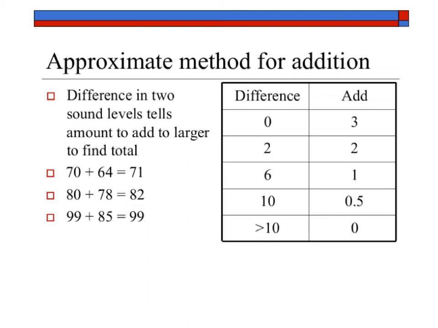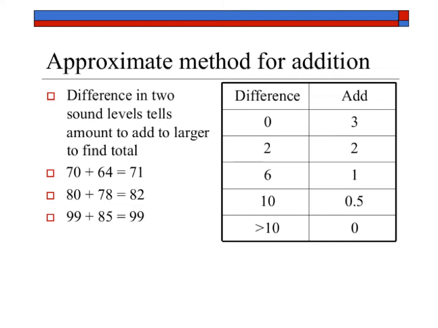Let's take a few other examples. 70 plus 64, the difference is 6, so according to our chart we add 1 to the larger one, so that would be 70 plus 1 is 71. 80 plus 78, the difference is 2, we add 2 to the 80, we get 82. 99 plus 85, the difference is greater than 10, so we add 0 to the 99, and that's just 99.